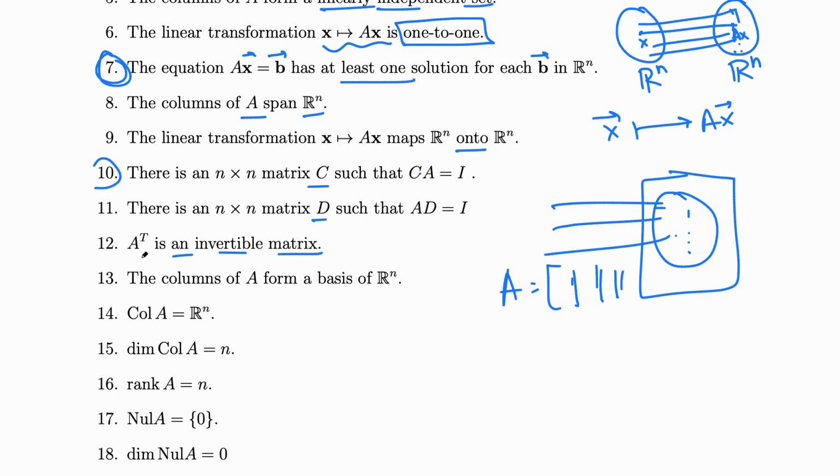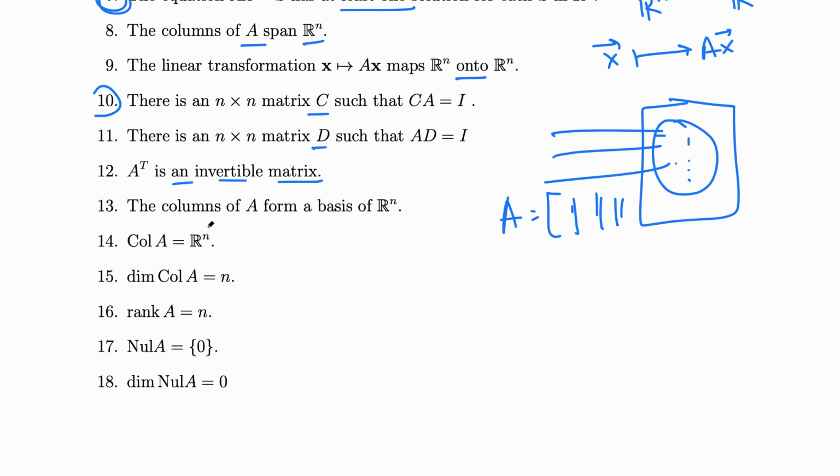When A is invertible, so is its transpose. The columns of A form a basis for Rn. They span Rn, and we have n columns, so the dimensions match, so they become a basis. Basis means linearly independent and span, two things we have here.